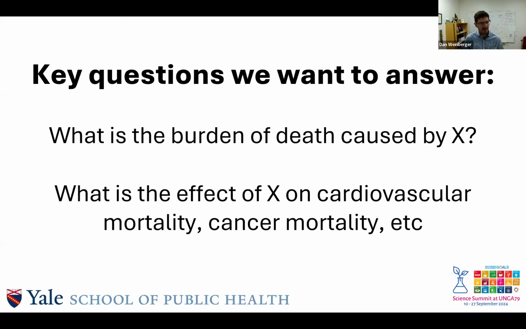X could be COVID, it could be pandemic flu, it could be a hurricane, some sort of disruption. And then we might want to ask in another way, what is the effect of that event, whether it's a pandemic or natural disaster, on specific outcomes like cardiovascular mortality or cancer mortality?